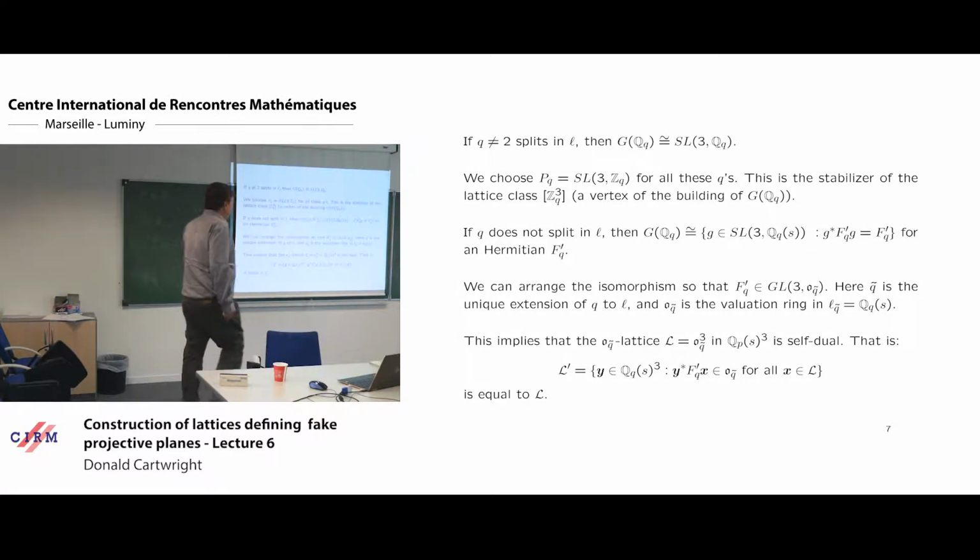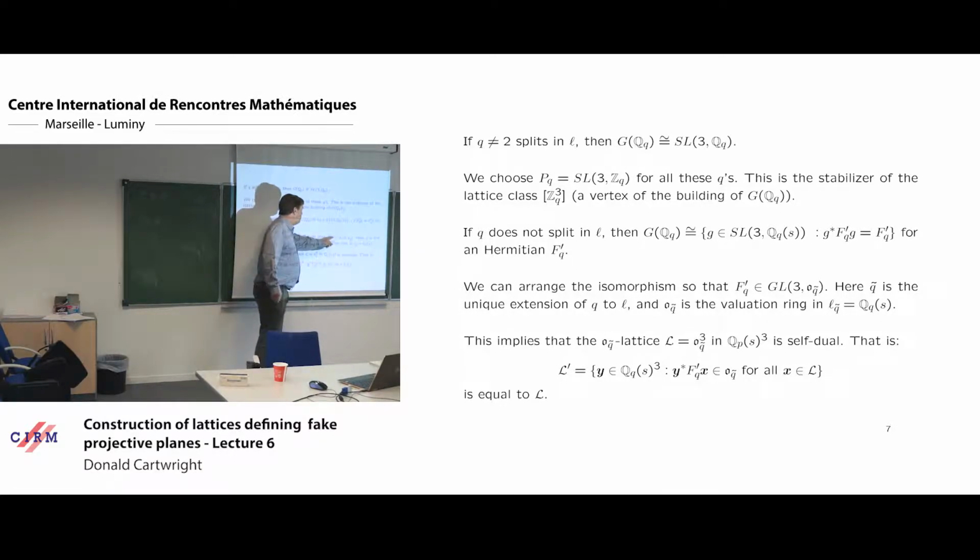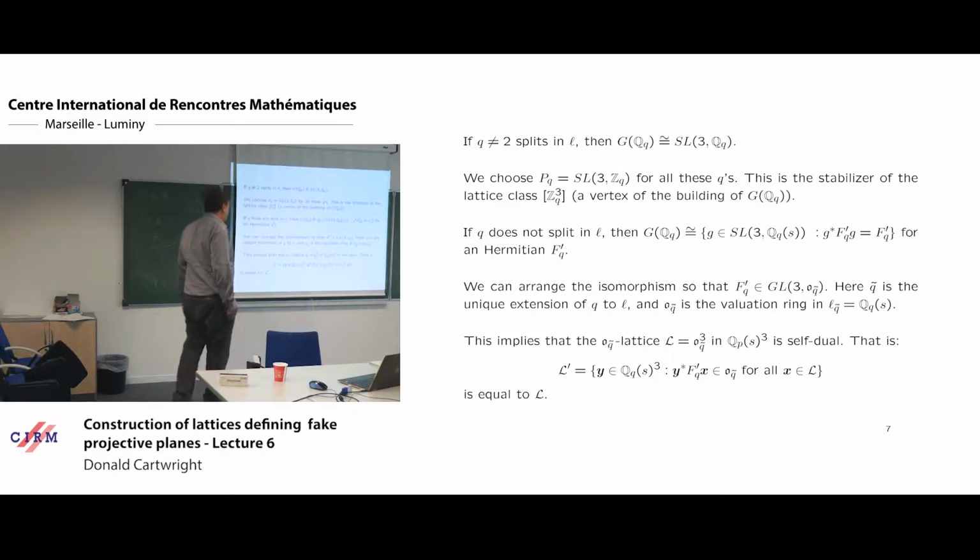And by getting F_Q prime in here, that makes this lattice self-dual, where the dual of a lattice is defined in this way. Okay, so there's a form. Anyway, it's a fairly standard sort of dual thing.